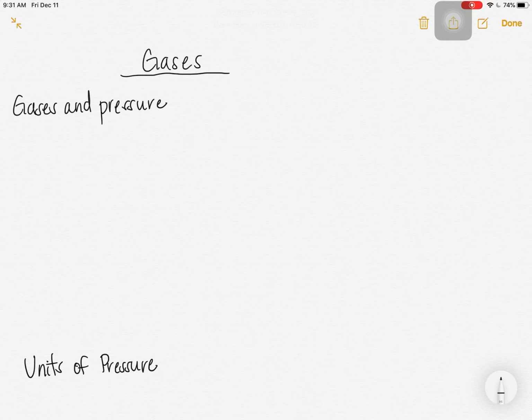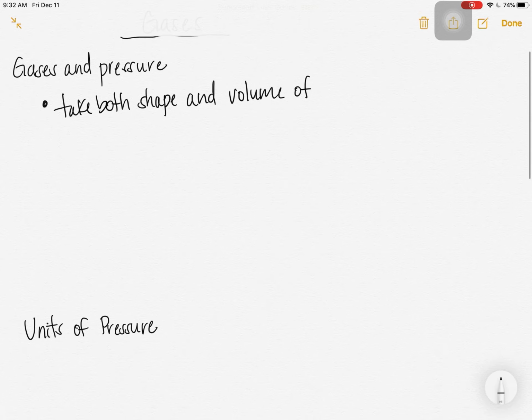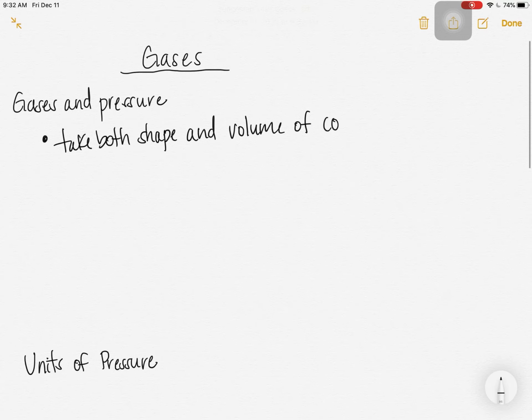So, way back when you learned states of matter at some prior point in your science career, we learned that there's differences between solids, liquids, and gases, and one of those is that gases take both the shape and the volume of whatever container you put them in.